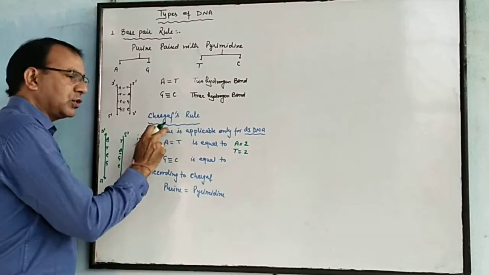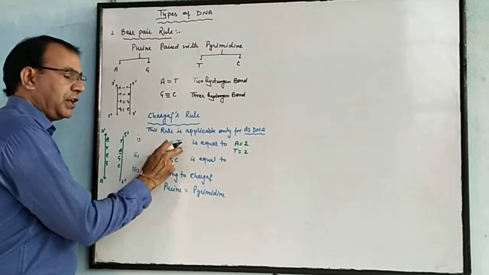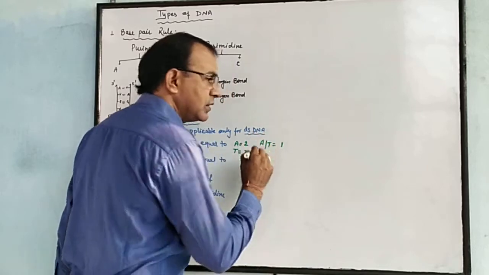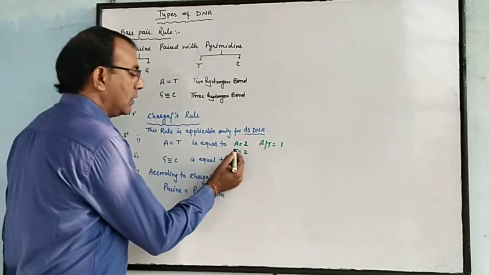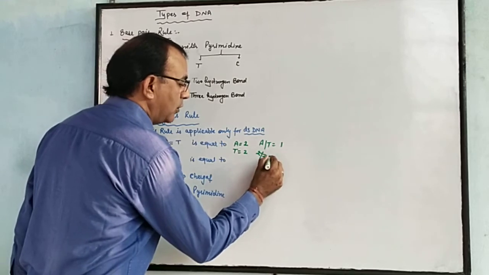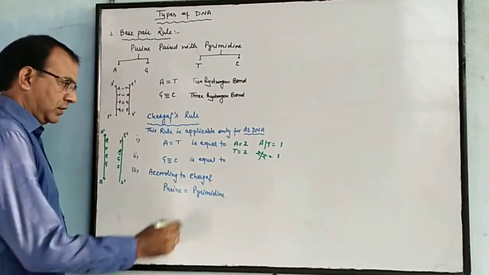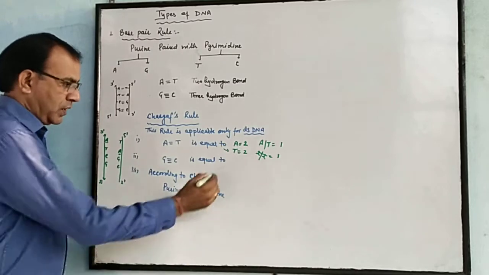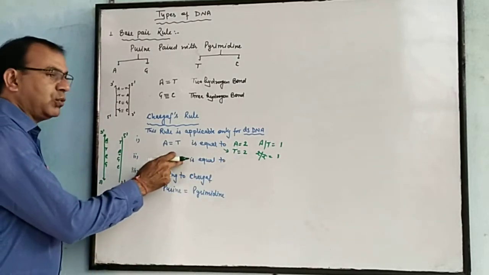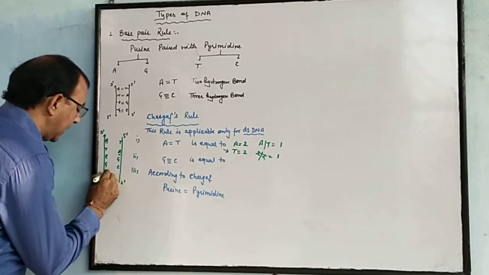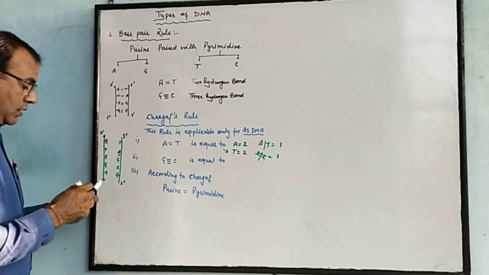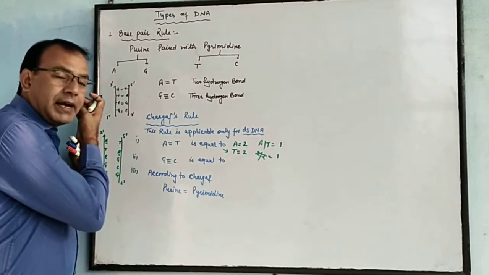So according to Chargaff, A is equal to T, or you can say the A by T value is equal to 1. The value of A is 2, T is 2, 2 by 2 is equal to 1. This is the proof that adenine is equal to thymine. And second, G is equal to C. Count the number of guanine and cytosine.